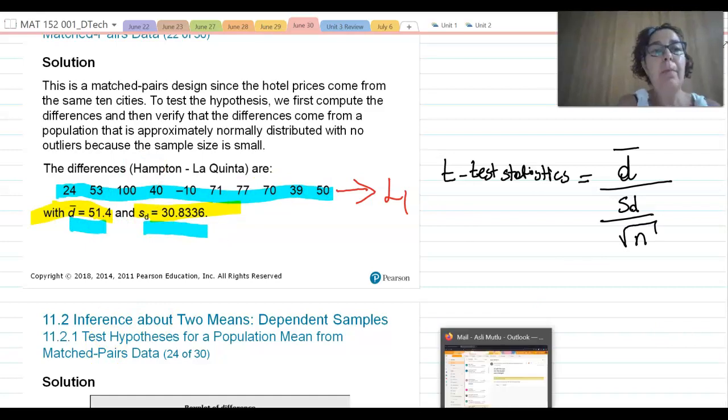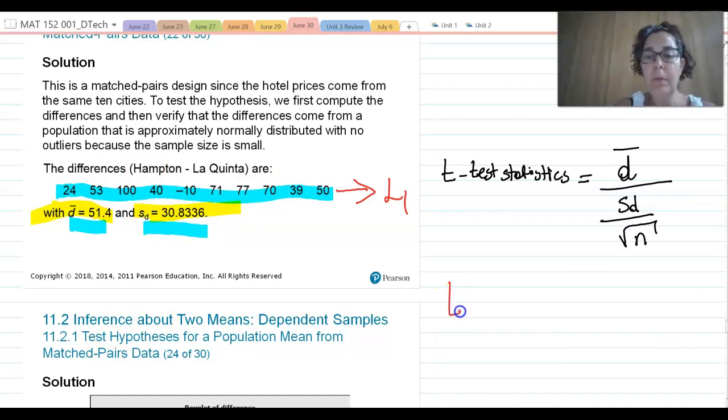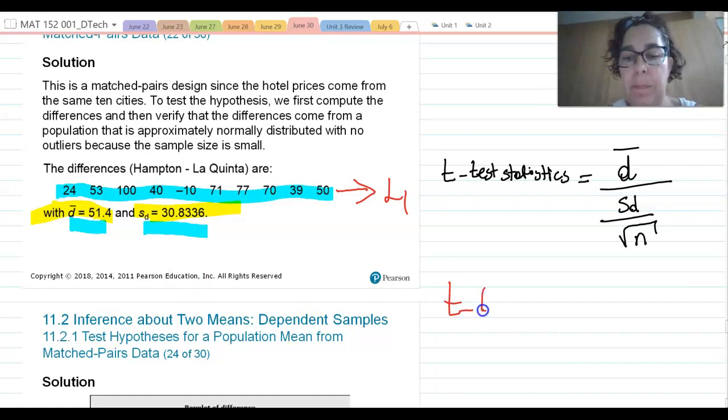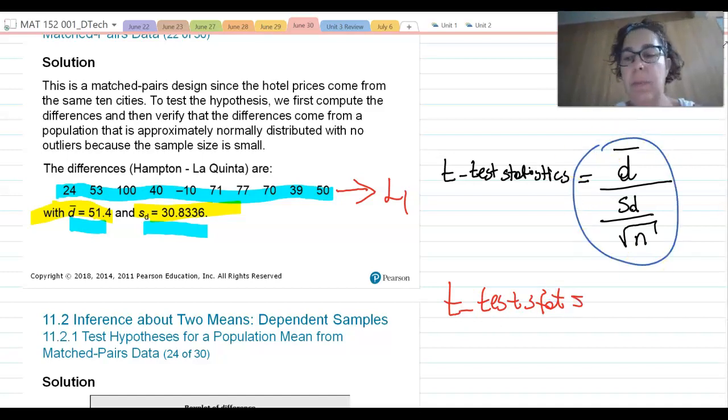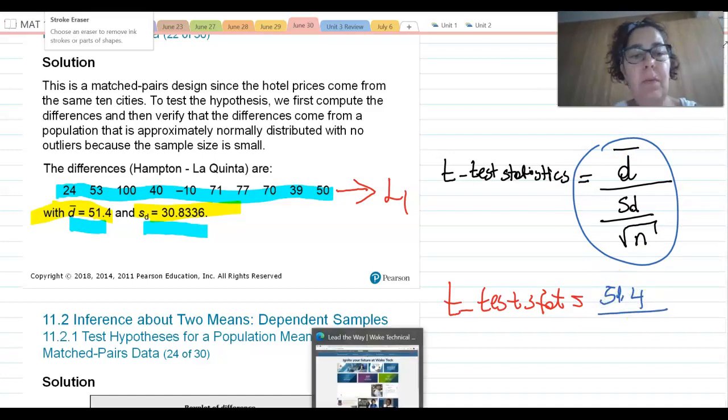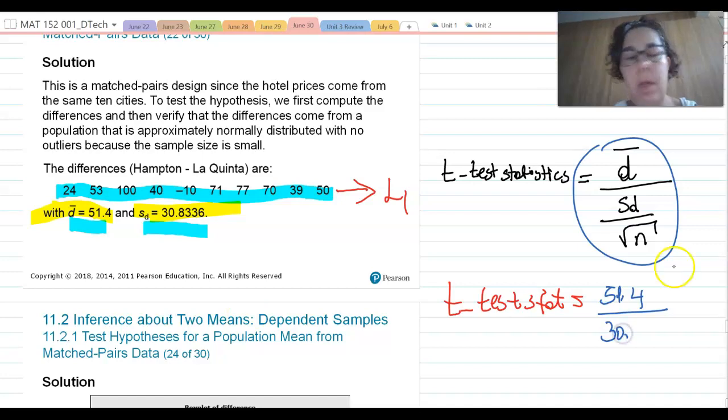Then by hand calculation, if you prefer, we can find our test statistic. So this was our test statistic formula, right? D bar will be 51.4. Standard deviation will be 30.8, and you can take 3 places after the decimal. It really doesn't matter.